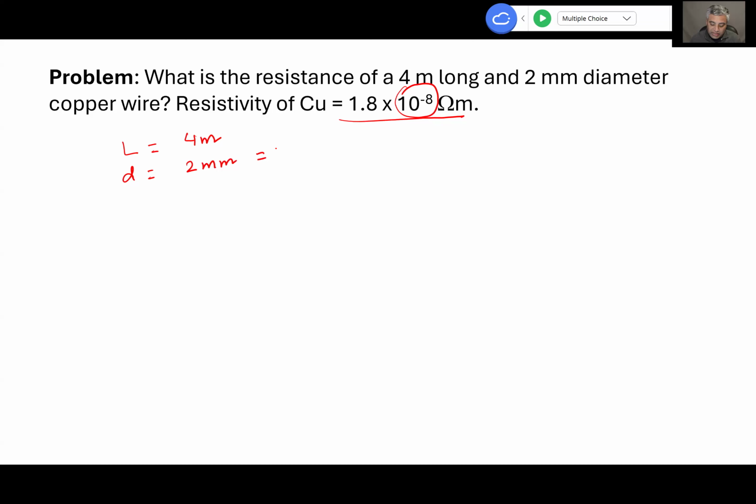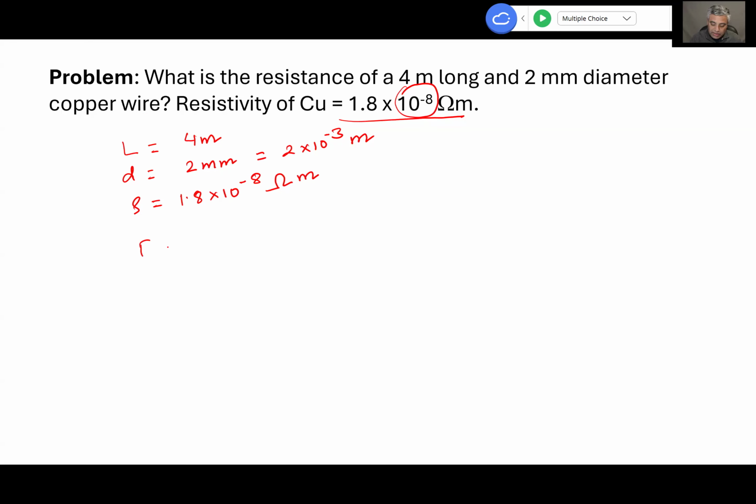Ooh, small diameter. So let's convert that into meters. We need to divide by 1,000. In terms of exponents, we can write it like that. And then resistivity is given, 1.8 times 10 to the power negative 8 ohm meter.